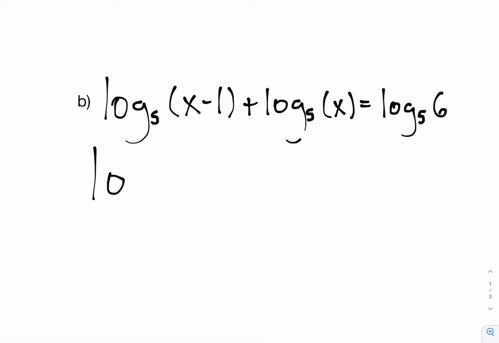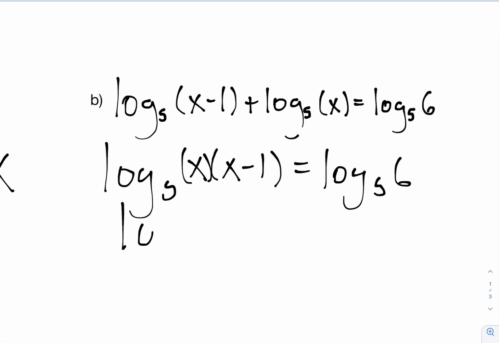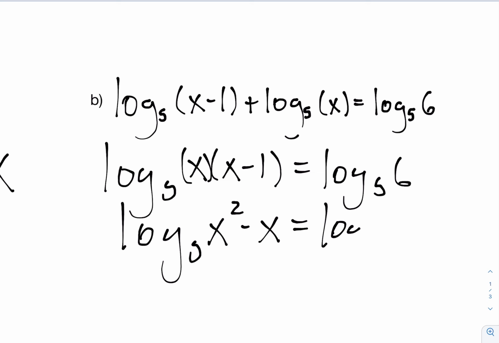So this will be the log in base 5 of x times x minus 1, which will equal the log in base 5 of 6. So the log of x times x minus 1, well, that's just the log in base 5 of x squared minus x, which equals the log in base 5 of 6.